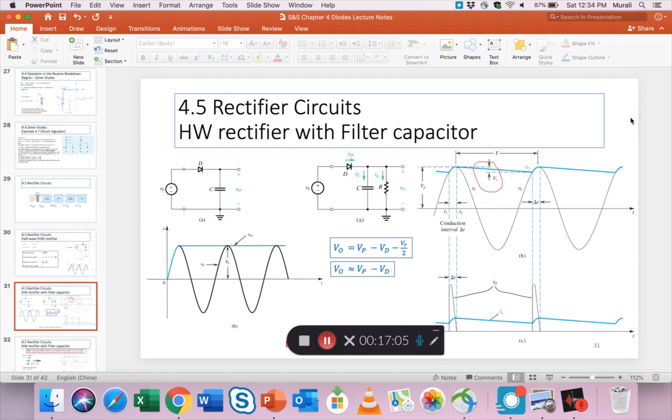So with the filter capacitor, now lots of interesting things happen. Let's look at the circuit diagrams. On the left, you just see one filter capacitor across the diode, and underneath it you see that the waveform now has become totally different.